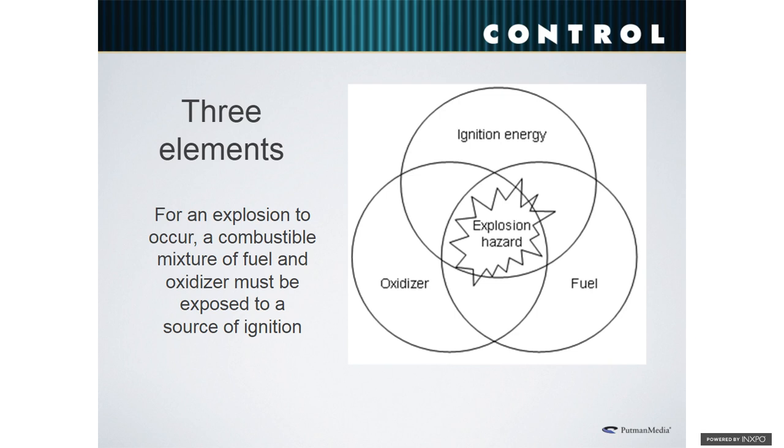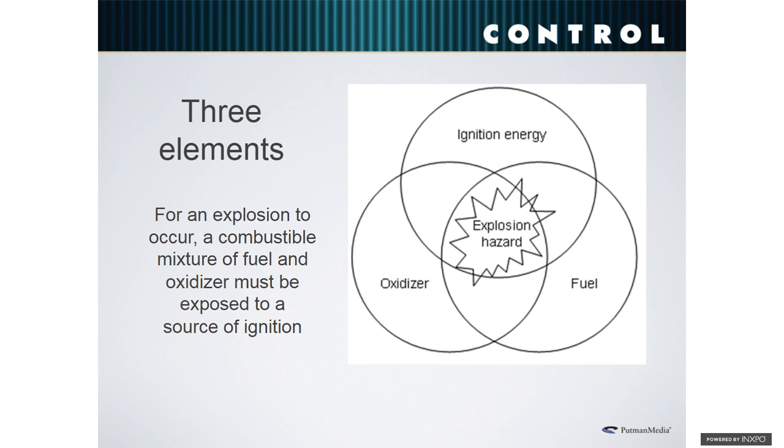Remove any one of the three and the explosion won't happen. Fuel-air mixtures aren't automatically explosive and are characterized by a lower and upper explosive limit. A mixture too rich with fuel or lean of oxygen won't explode, and even at the fuel-air ratio most favorable for an explosion to occur, a certain minimum amount of energy is needed to ignite an explosion.